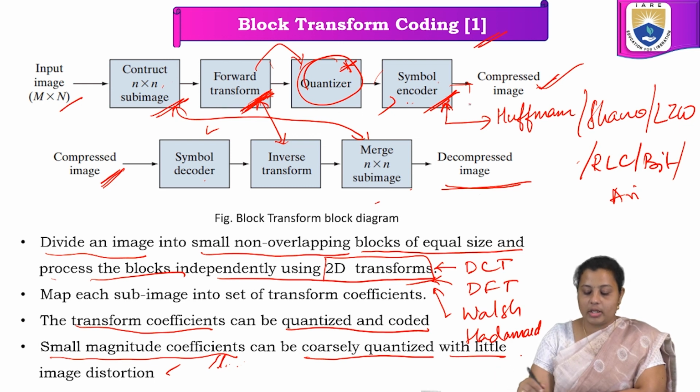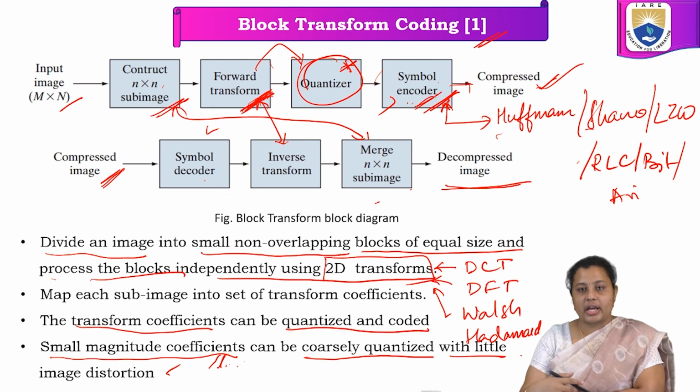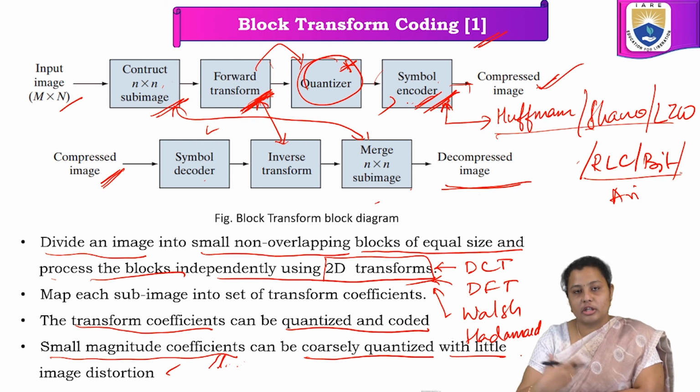The symbol encoder can be Huffman, Shannon, RLC, bit plane coding, or any other encoder. The encoder is decided based on our application, how much error can be accepted, how much compression ratio and how much redundancy is required.